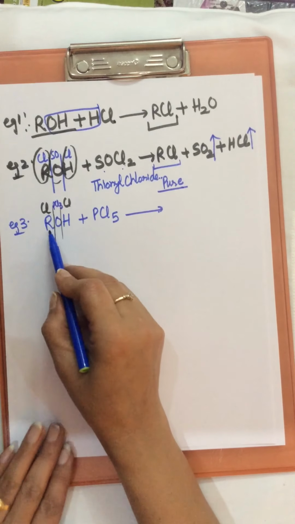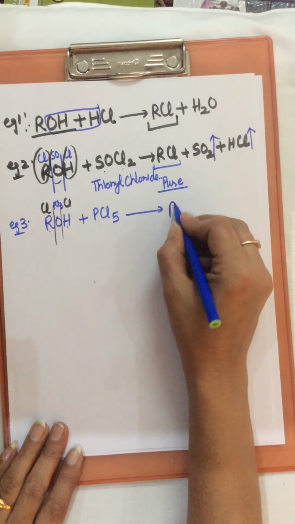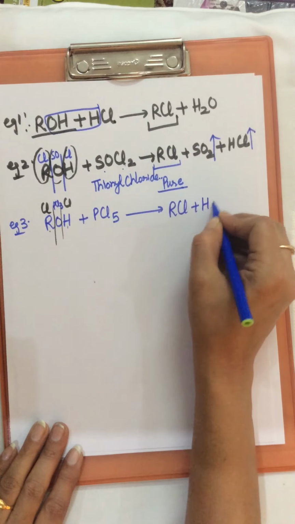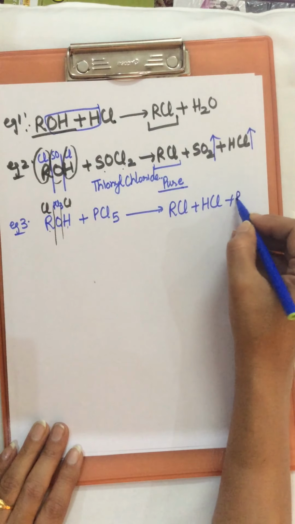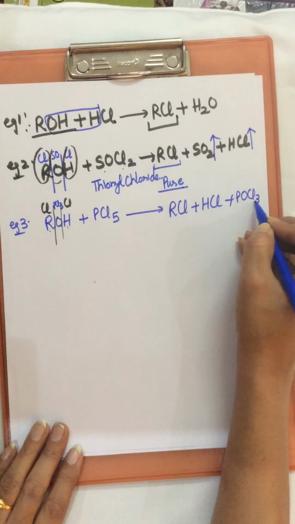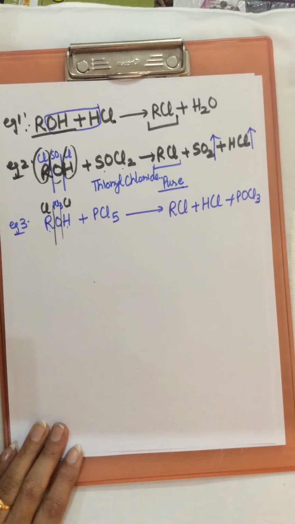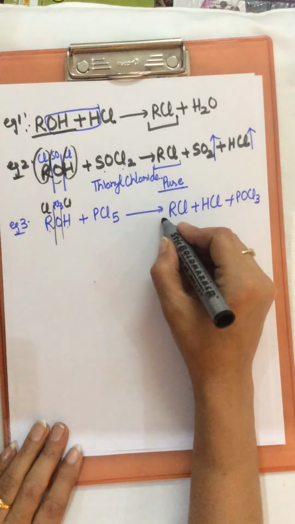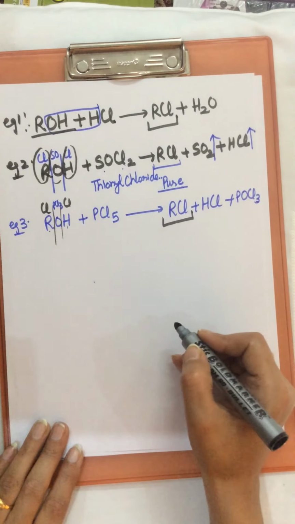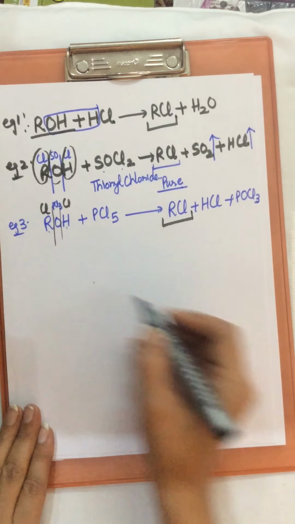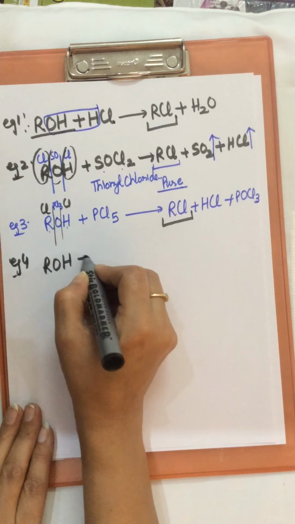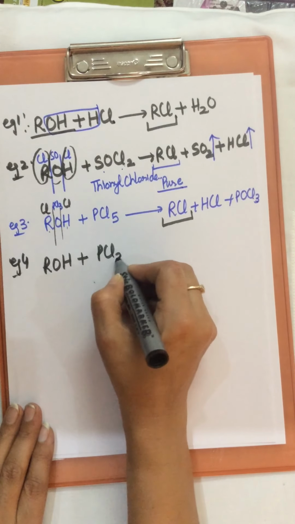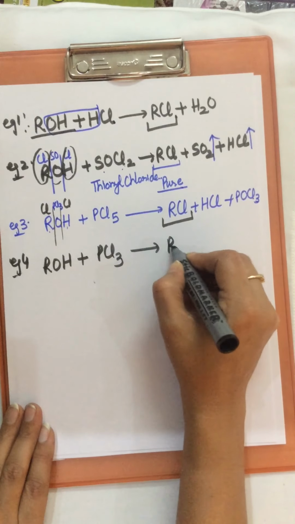The products are RCl, HCl, and here it is POCl3, phosphorus oxy trichloride. These are the products. So we are getting chloroalkane in this reaction.